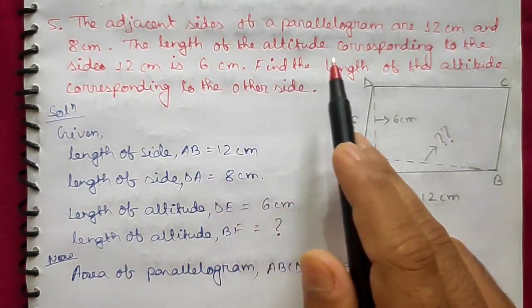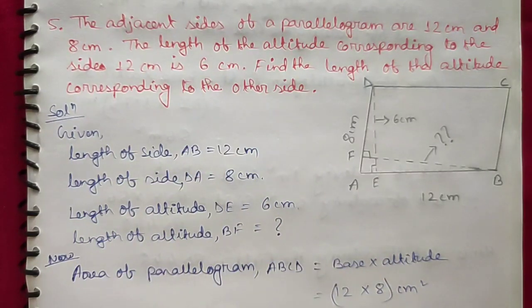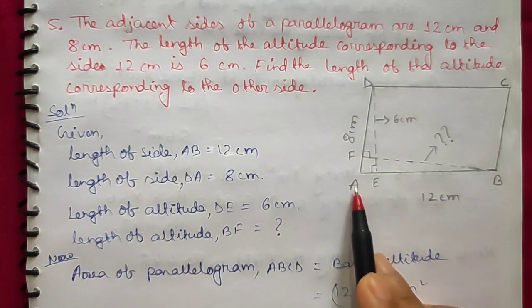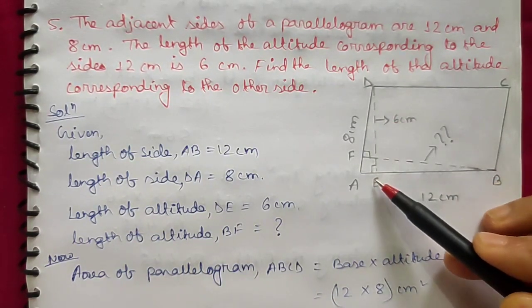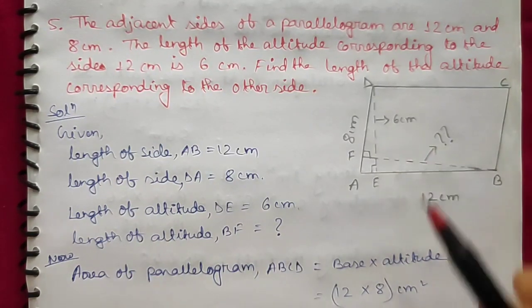The length of the altitude corresponding to the side 12 centimeter is 6 centimeter. That means the side which is 12 centimeter, if we draw an altitude on it, this length is 6 centimeter.